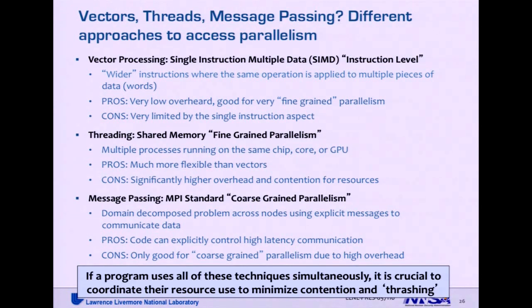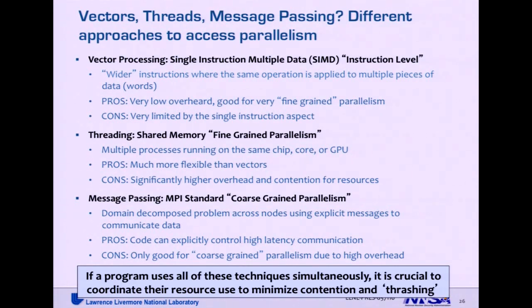If you hear people talk about fine-grained parallelism, they're probably talking about threading using shared memory directives, or perhaps threads on an accelerator to accelerate their code. And then coarse-grained parallelism is usually this idea of message passing. And granularity here, fine-grained versus coarse-grained, is really just how much work I am doing before I need to, for example, communicate or coordinate with other parallel units.